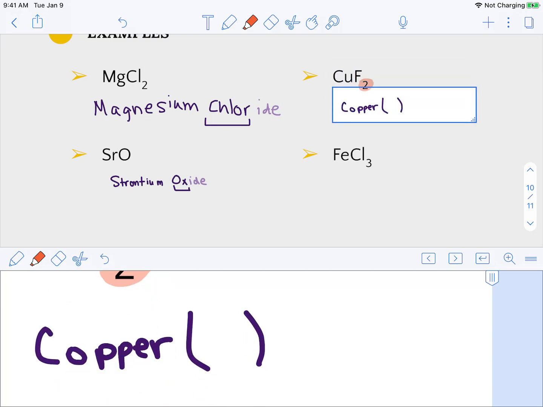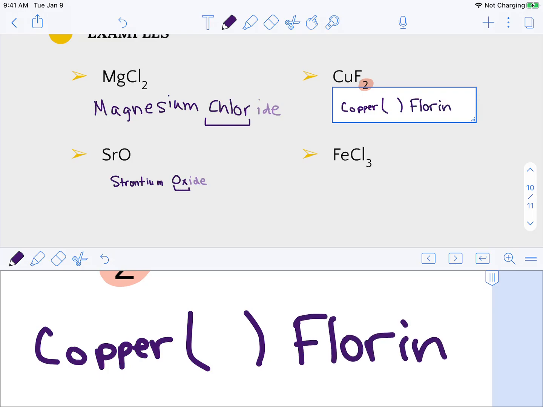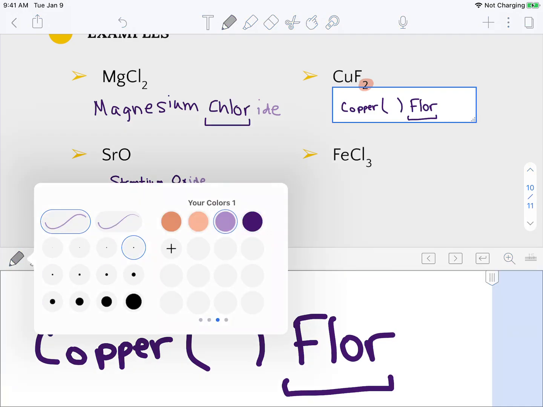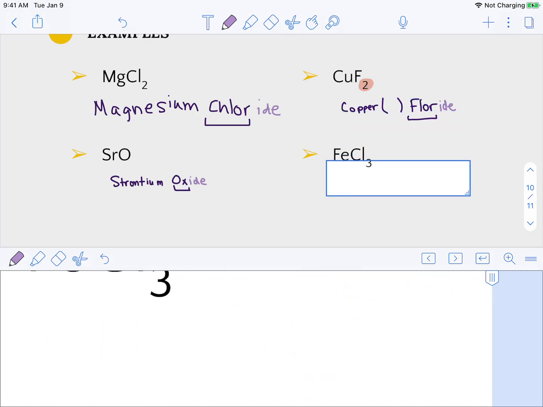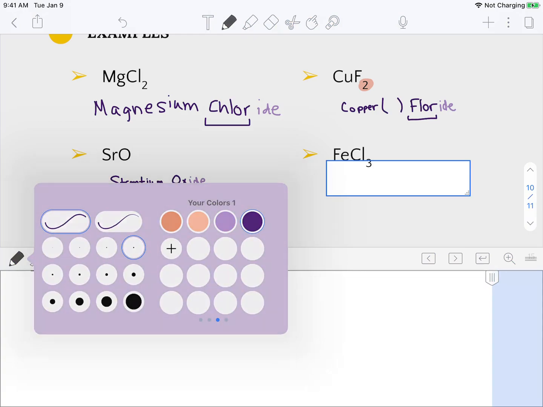Okay, so copper, we'll come back to the Roman numeral in a second, and then fluorine. So we're going to, again, go all the way up to that first vowel sound. We're going to erase it, and we're going to put in "ide." And then one more. Don't worry, we're going to come back to the Roman numeral.